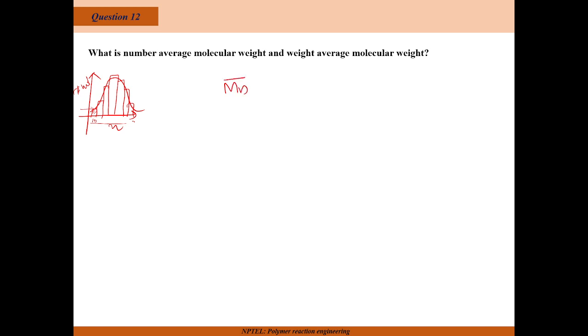It is generally denoted as Mn bar. Mn can be written as the summation over i of Ni, the number of molecules with weight Mi, multiplied by that particular mass Mi. Basically, we are talking about the weight itself. Okay, so it is divided by the total number of molecules.